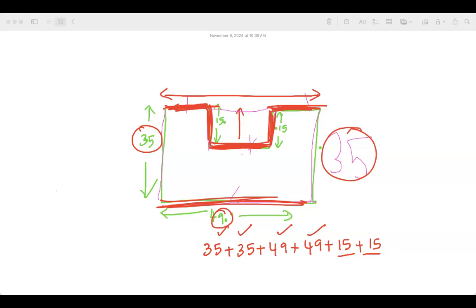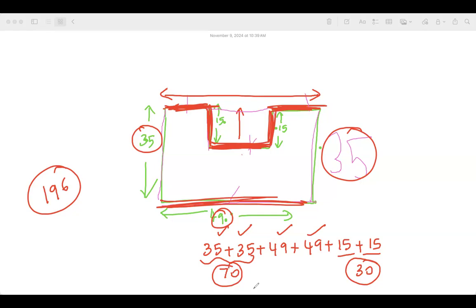Go ahead. Am I correct? Yes. Ritu, 168 or 196? This is a 70. See how you add. This is a 70. This is a 30. That makes up 100, right?